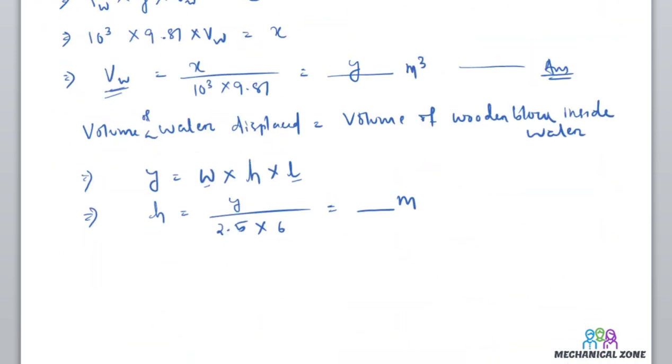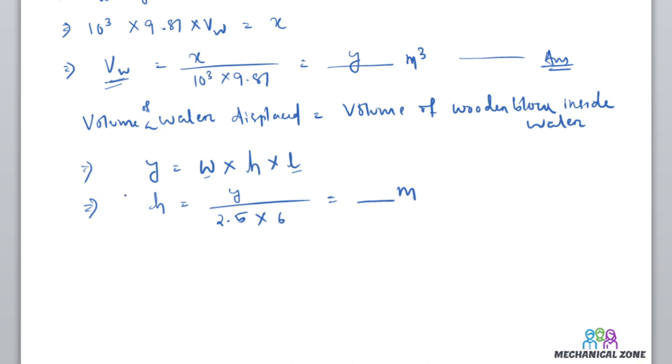That means the position of the center of buoyancy from the free surface of the liquid or from the base, whatever you consider, will be equal to h by 2.